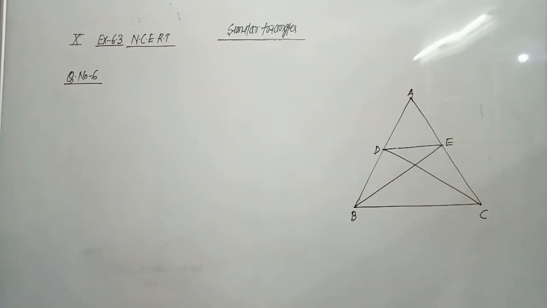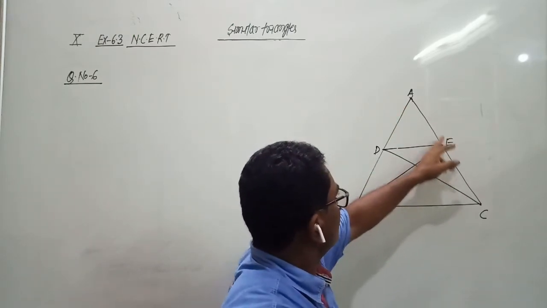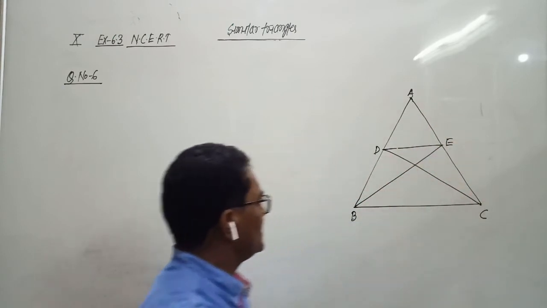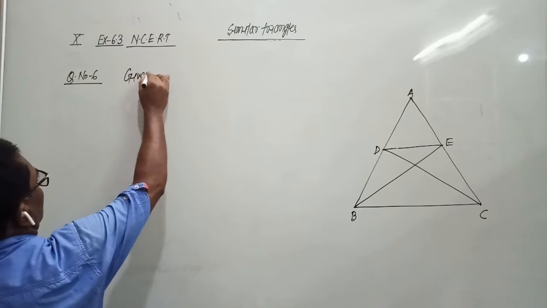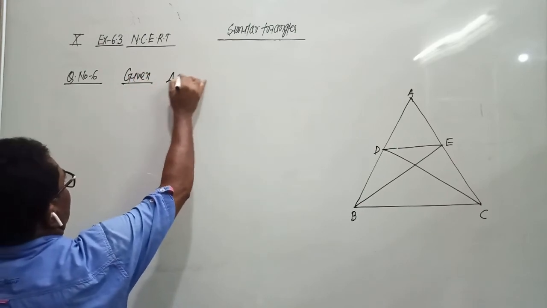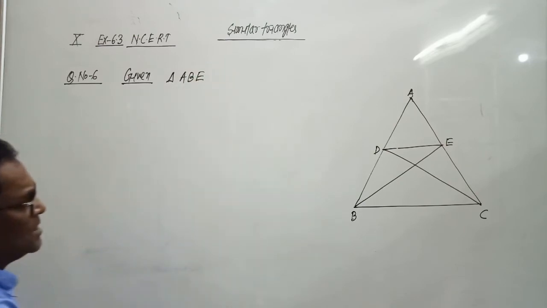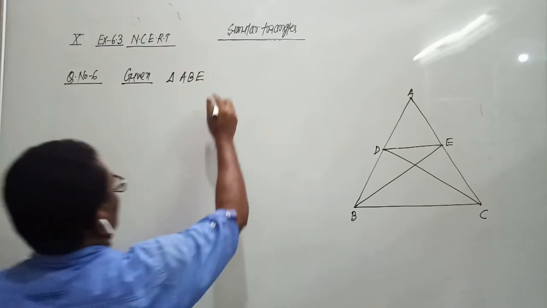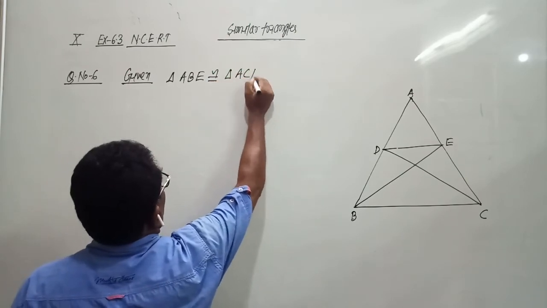So we are given that triangle ABE is congruent to triangle ACD.